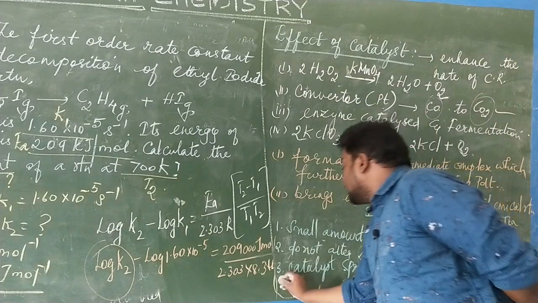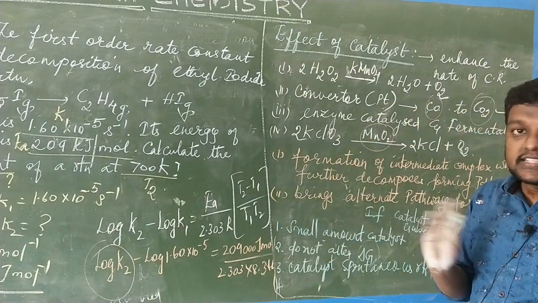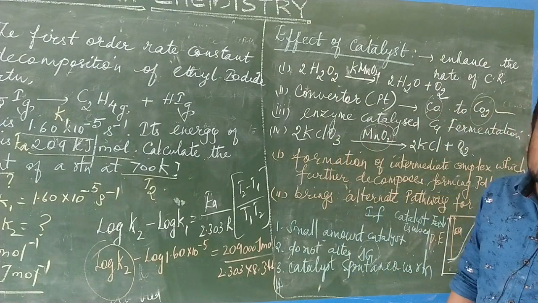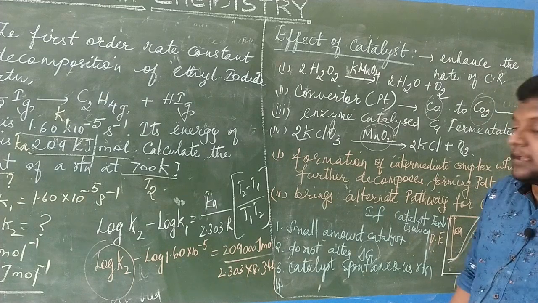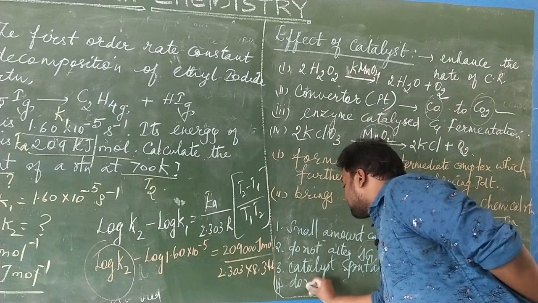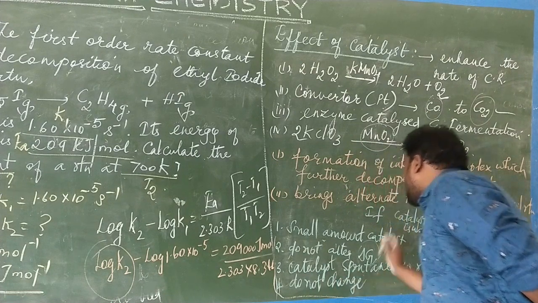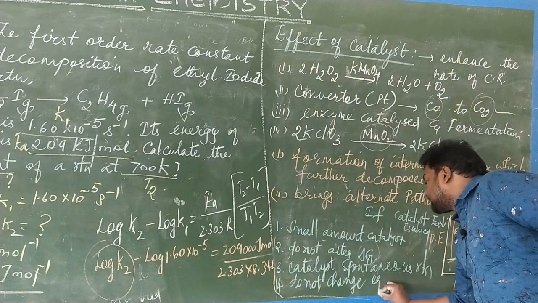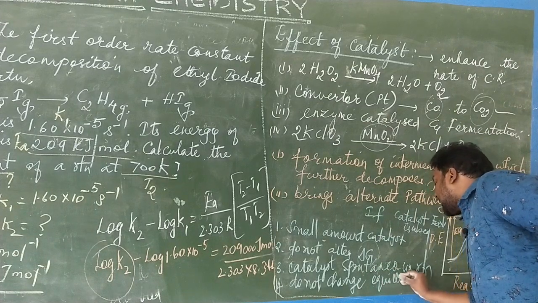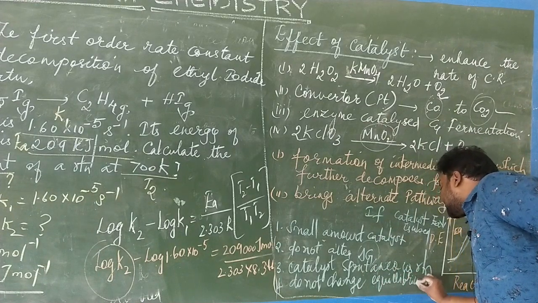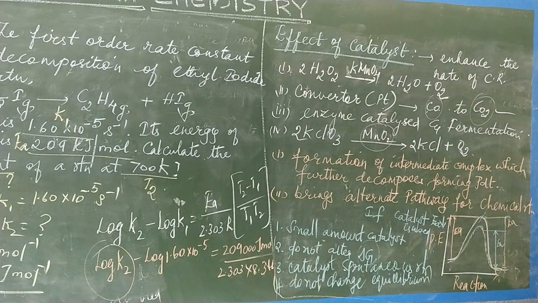Fourth one, the catalyst does not change the equilibrium, whereas it helps in attaining the equilibrium. Very important point: it does not change the equilibrium, whereas it helps in attaining the equilibrium.